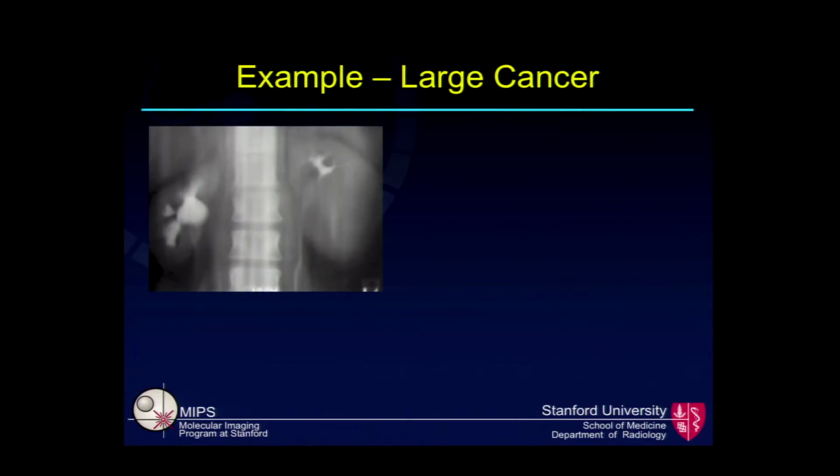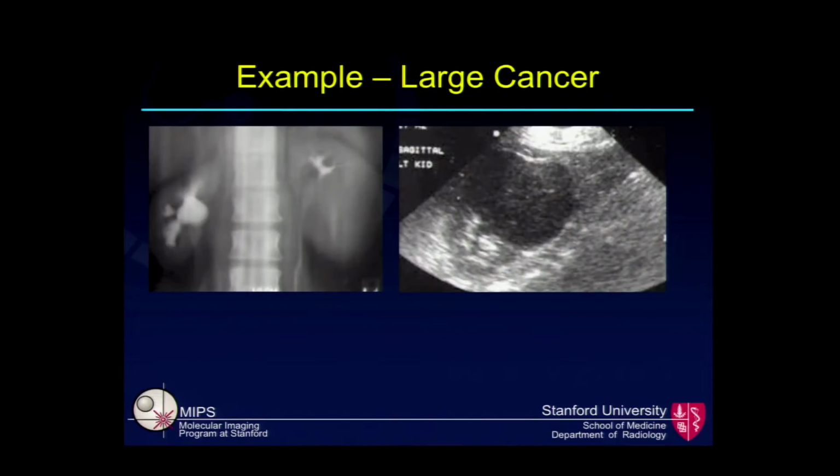You can perhaps make out that there is normal contrast in the upper part of the kidney, but then abnormal, no filling of contrast in the lower part. So there's something abnormal here. This may be followed up by an ultrasound scan, the goal of which is to differentiate solid versus cystic components within the lesion and within the kidney. And you can see that that's what it's picking up between here and here.